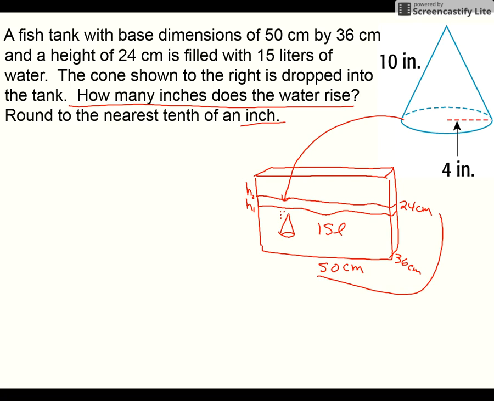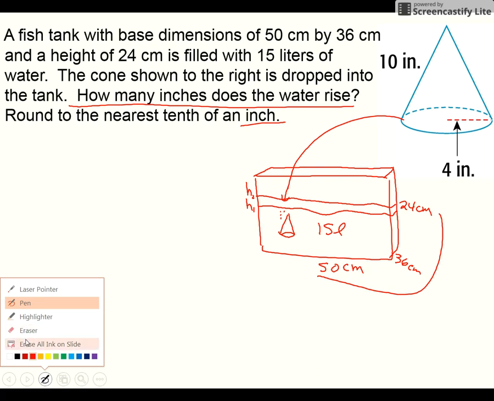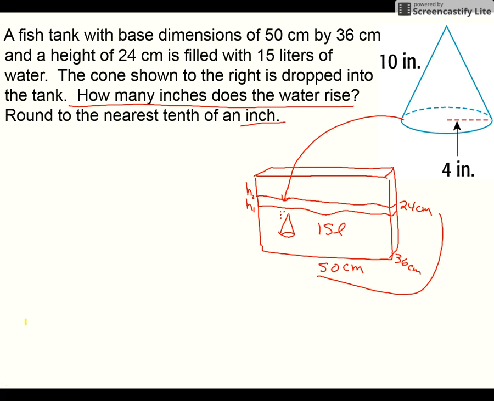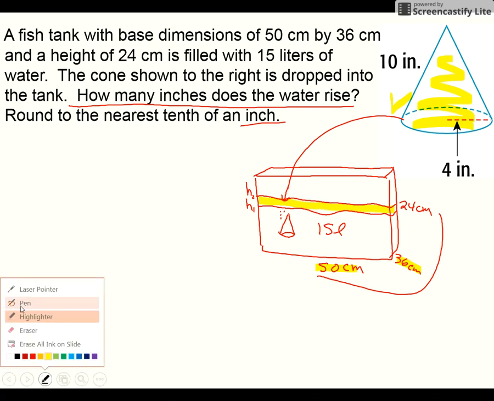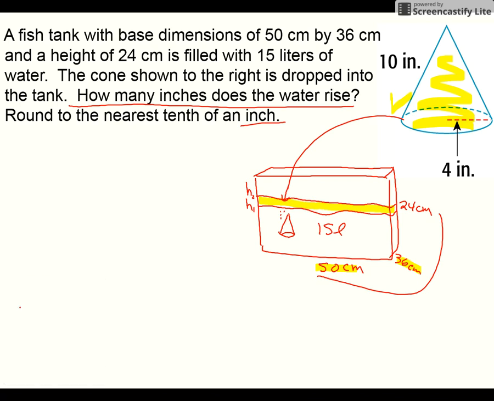Your cone has a volume, okay? And then this part it raised by is a prism with a base dimension of 50 by 36. So that prism then is equal in volume to the amount of the cone. So based on that, let's figure out the volume of the cone and go from there.